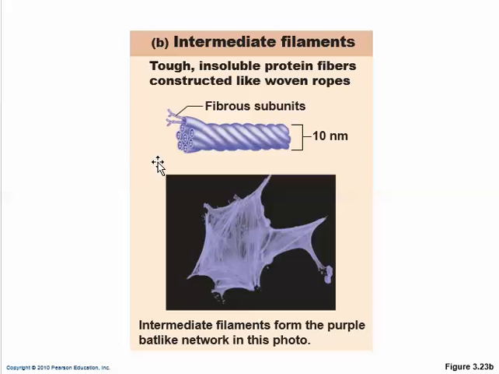And they look like this, and so it looks like ropes. This is a photograph of staining of the intermediate filaments, and you can see that it ends up pulling on things and gives tension across the cell.